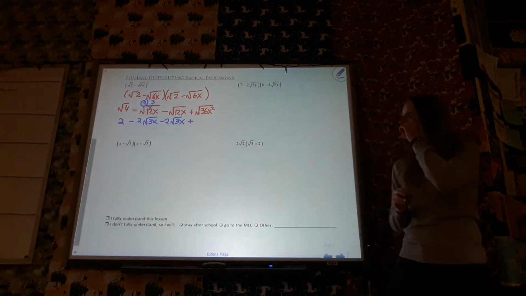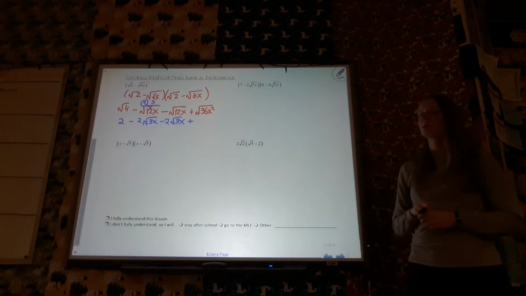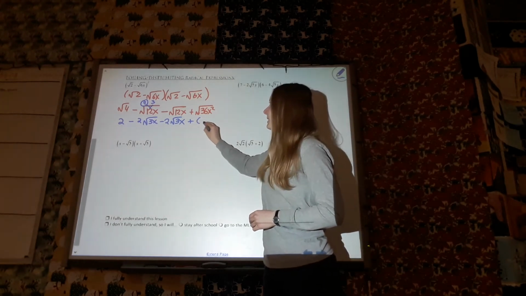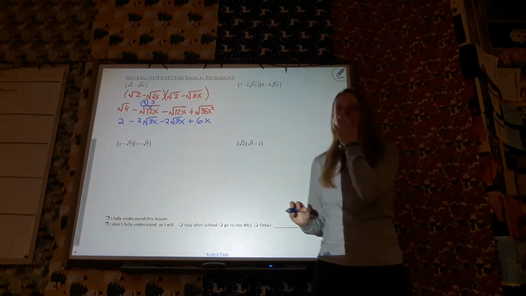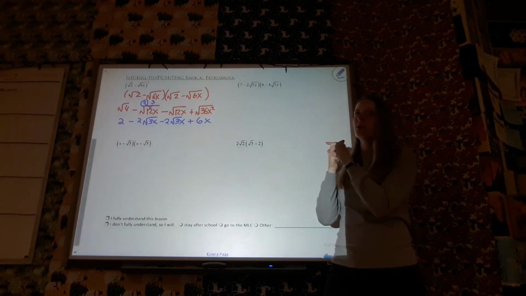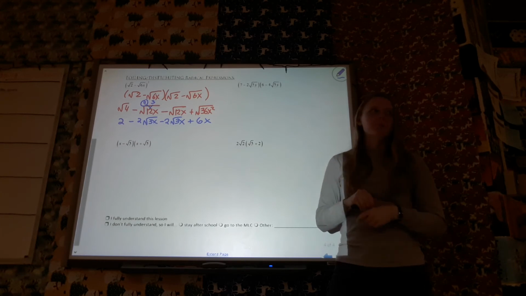And then what would the square root of 36x squared be? It would actually be 6x, because the square root of 36 is 6, and the square root of x squared, they cancel each other, and you have just x. So, no more square root for that.